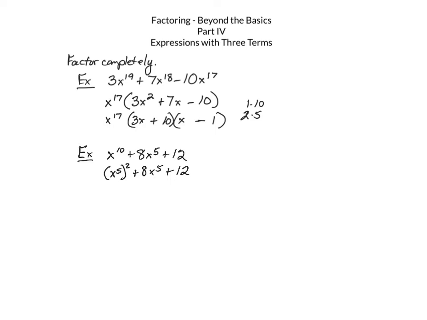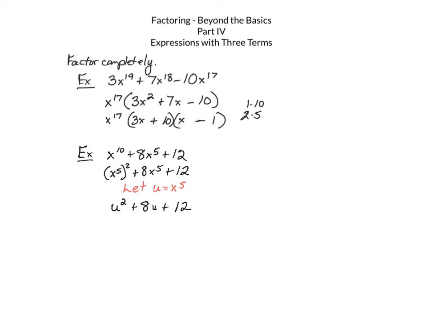In other words, I could make a substitution. I could say, let u equal x to the 5th. And now I would have u squared plus 8u plus 12 as my expression to be factored.